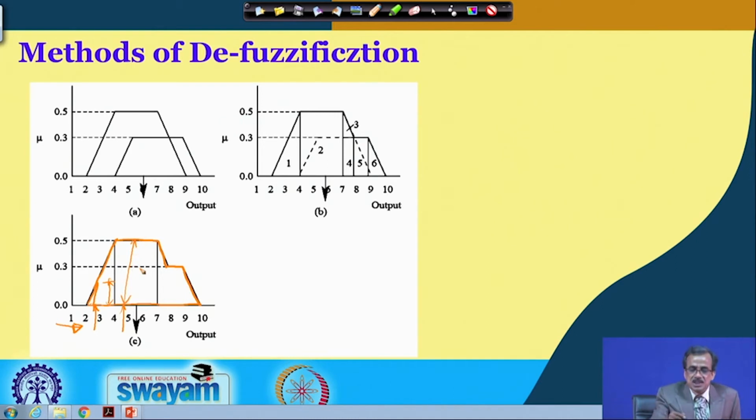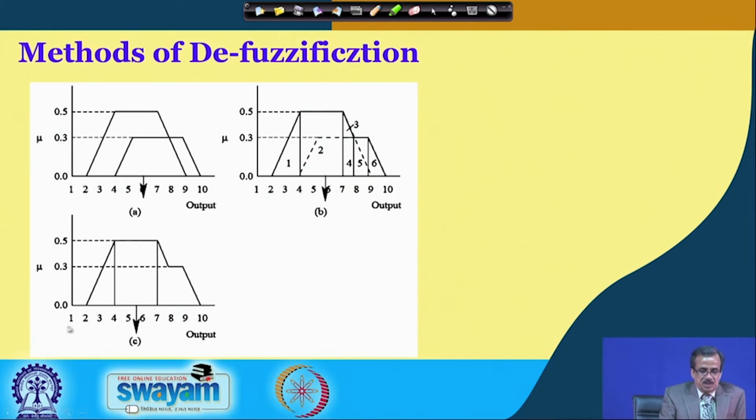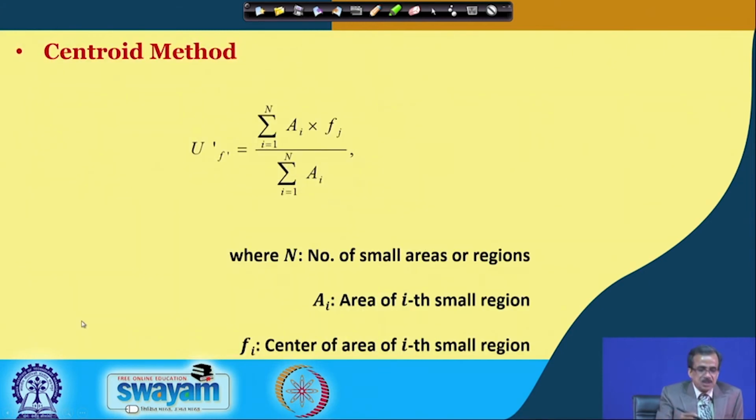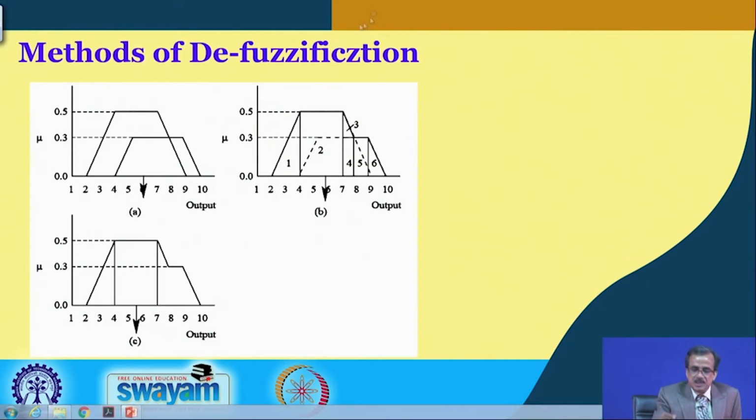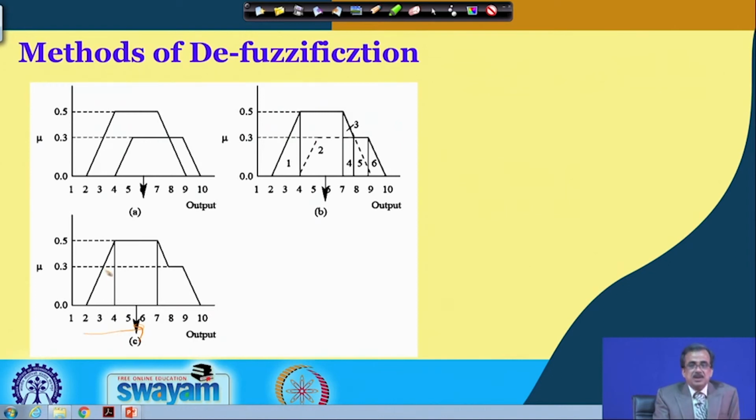If I just follow this principle, starting from here and moving along this direction, the value of mu is going to vary, and corresponding to this particular value of the variable, I will reach the maximum value of mu, and after that it will remain constant.